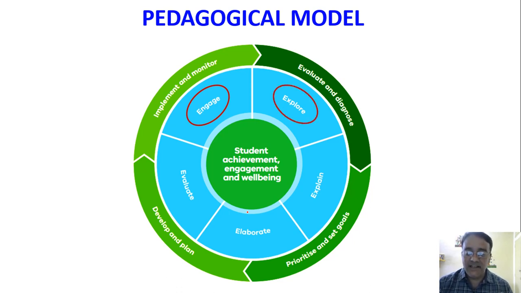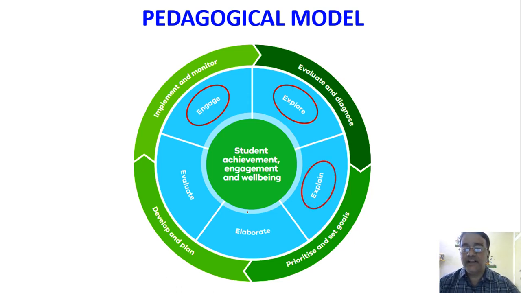The next one is explore. Teachers present challenging tasks to support students in generating and investigating questions, gathering relevant information, and developing ideas. They help students expand their perspectives and preconceptions, understand learning tasks, and prepare to navigate their own learning.